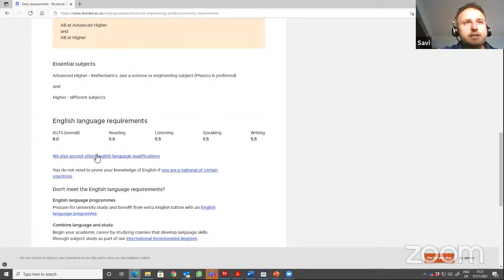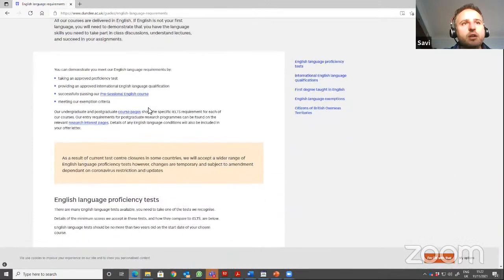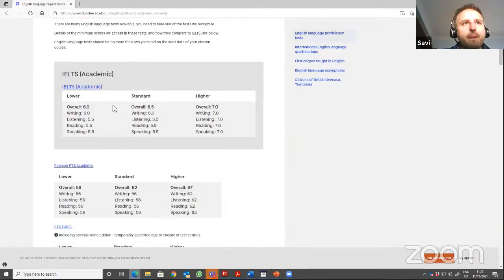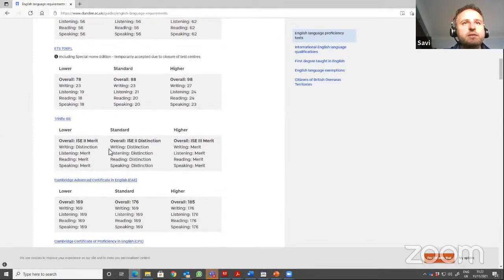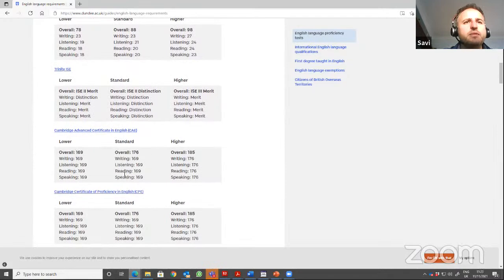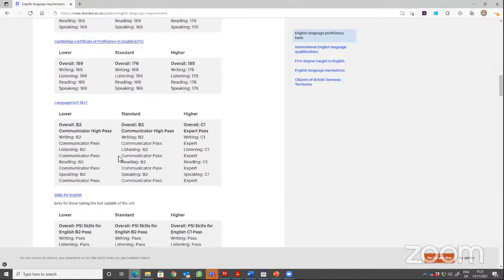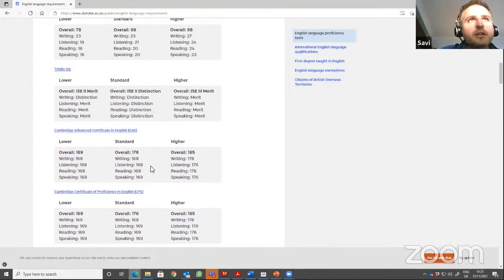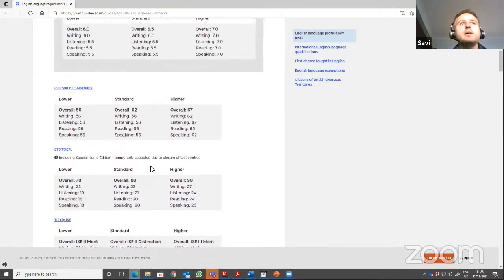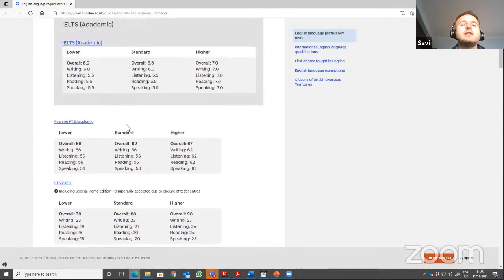So this is IELTS, and then it says we also accept other English language qualifications, and you can see here there are different kinds of certificates. What was the one named by the student? Yes, Duolingo. I don't see that one. It doesn't seem to be here, but these are the different qualifications that we would accept.